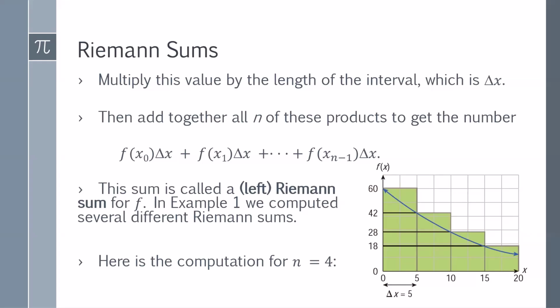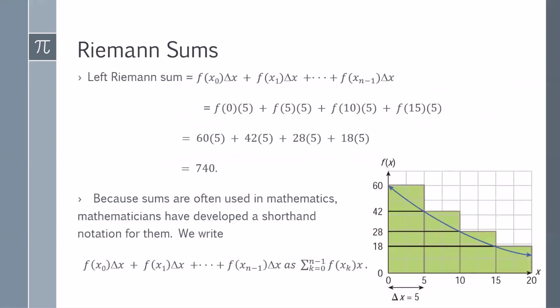For n equals 4, in this example, this is what the computation looks like. Our left Riemann sum is going to be f of x0 delta x plus f of x1 delta x, etc. Because we have interval length of 20 and 4 subdivisions, each subdivision is going to be 20 divided by 4, or length 5.